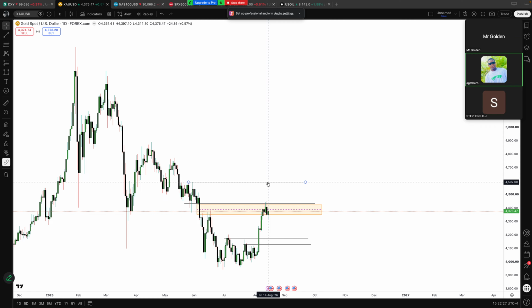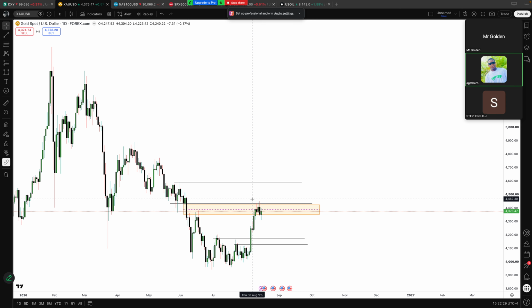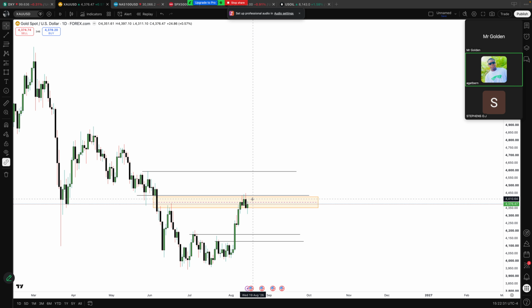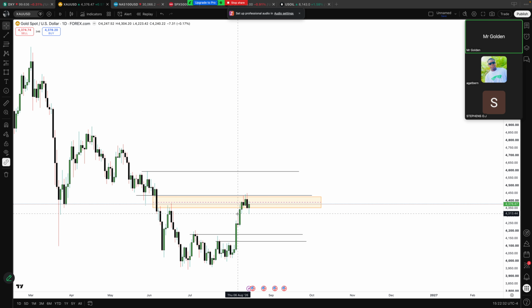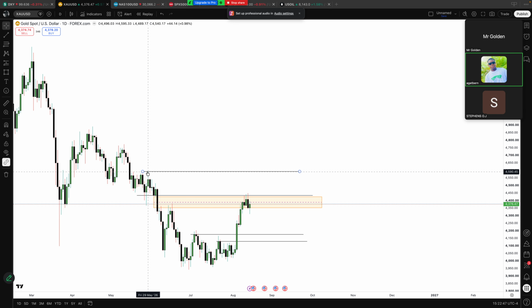Please, what's your PDRA, like your swing high and low for this? So this should be from this low to this high. No, I mean, it's not equilibrium there.